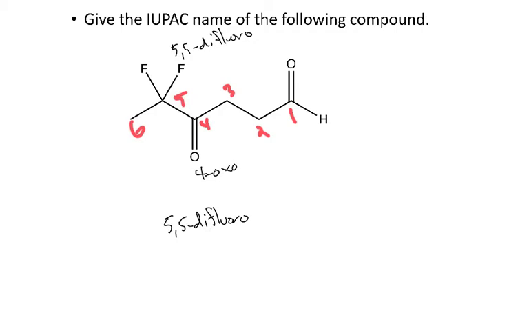F comes before the O in oxo. And then, as I mentioned, generally we don't have to give the number for the aldehyde if it has the highest priority because it's understood to be number 1. So then this is going to be hexanal. And I don't have any chiral carbons. I don't have any unsaturation, so I don't have to worry about giving any stereo descriptors.